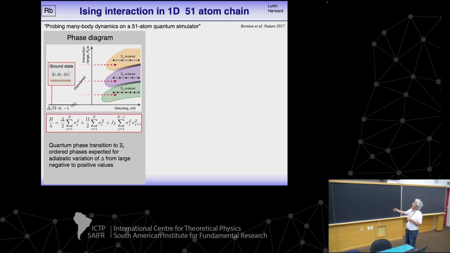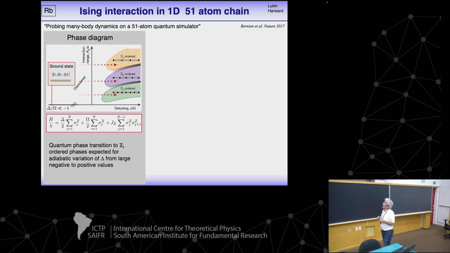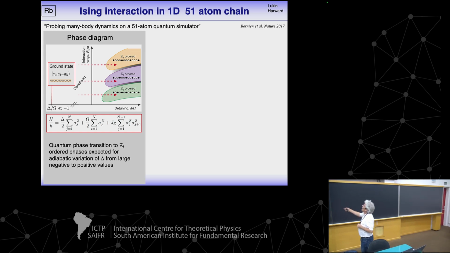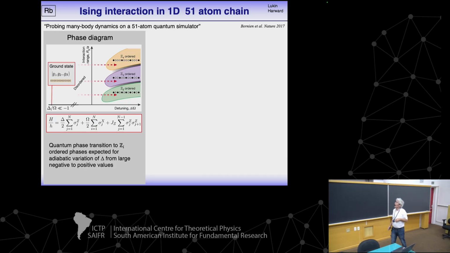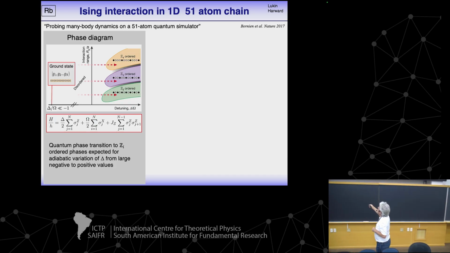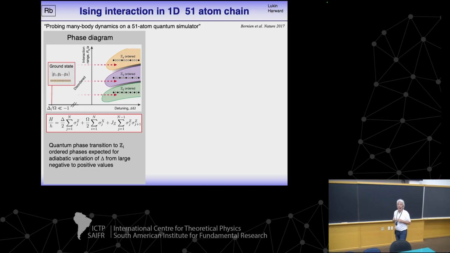And here it is presented on this kind of phase diagram, where the horizontal axis is the ratio between the detuning and Rabi frequency, so the ratio between longitudinal and transverse magnetic field. You see that when you start with a very large negative detuning, the ground state corresponds to all the atoms in the lower state of the transition, which is all the atoms in G, what you prepare naturally in the tweezer experiment.